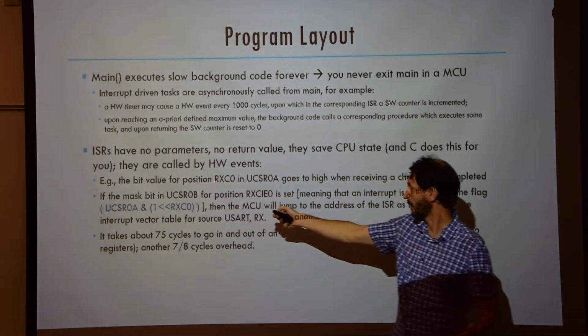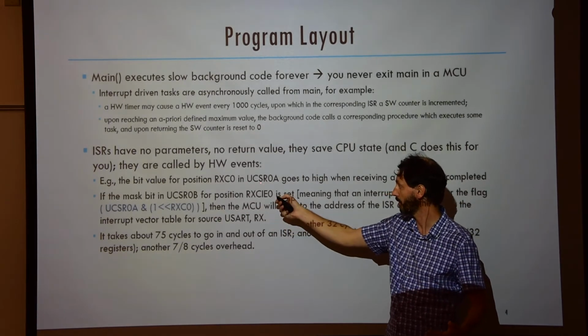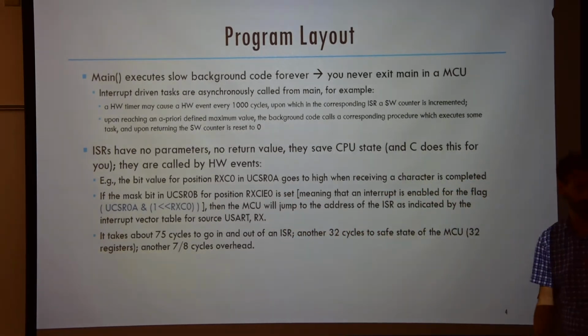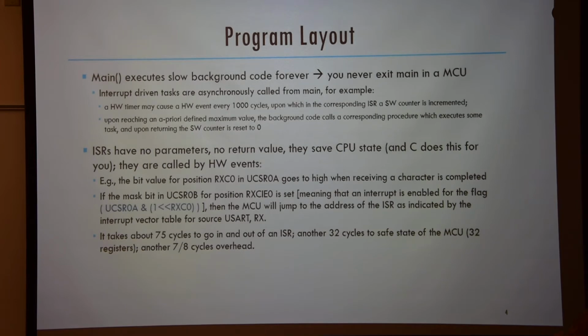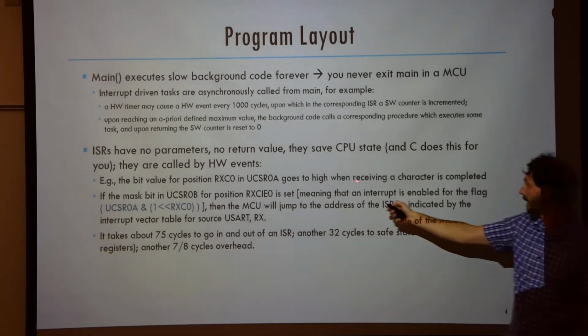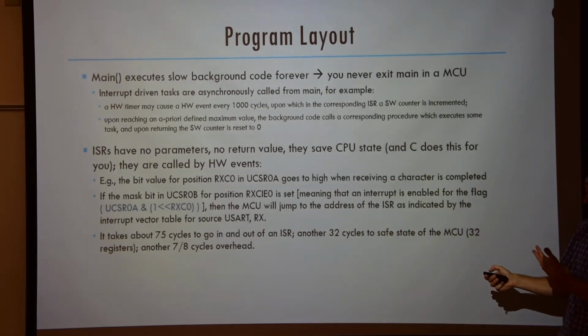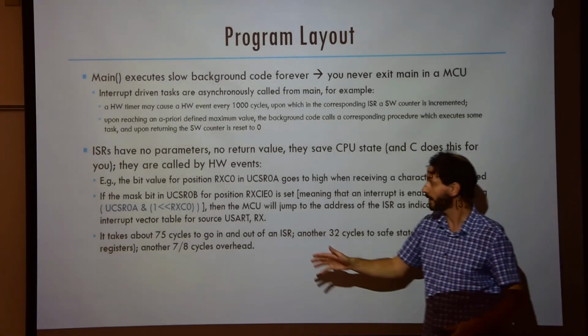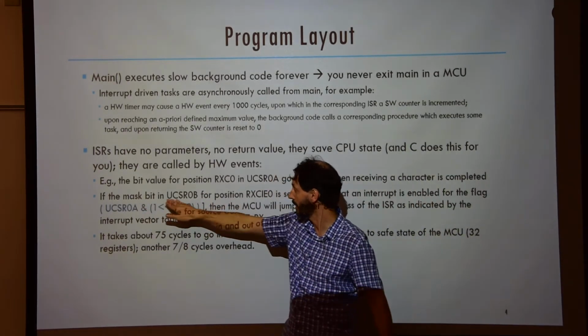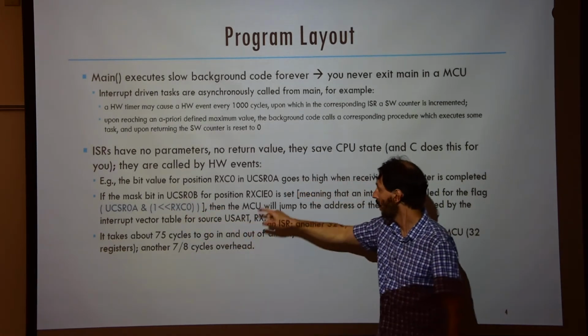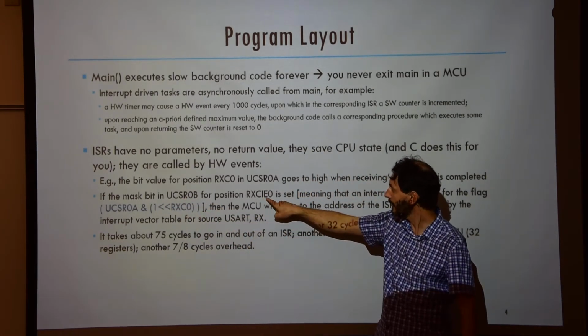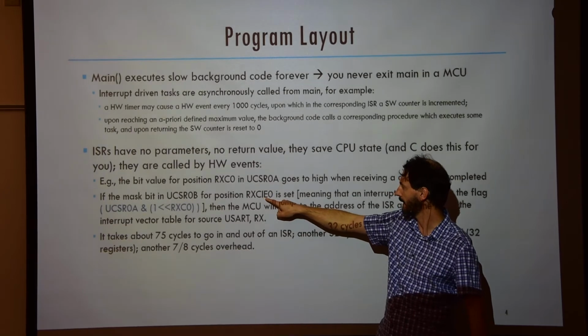So let's have an example. You have a bit value for position RXC0 in this control register A for the UART. That one goes high when receiving a character is completed. Now what you could do is create a mask bit in this B register for this particular position. The E here stands for enable, interrupt enable.